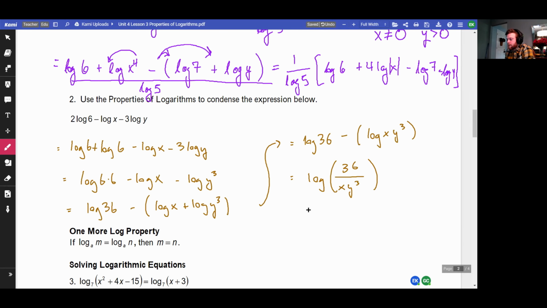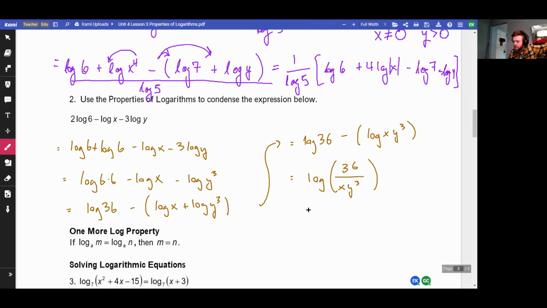Do you see any mistakes in my work? I don't think so. Well, what are the limitations that we have? This is actually an interesting thing to think about, because if x and y are both negative. Oh wait, but I've got to go back to my original expression.